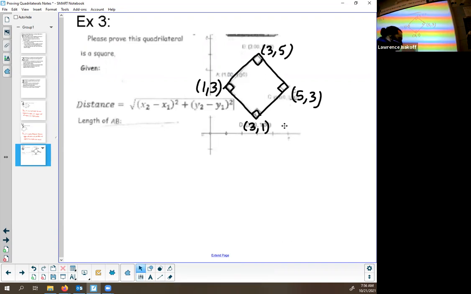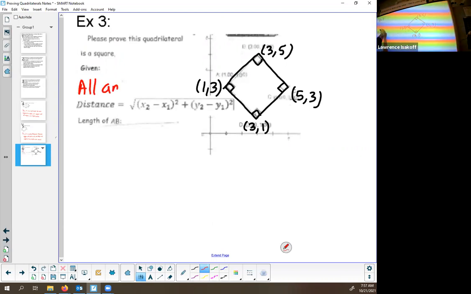So right away, what evidence do I have? What's my given evidence? What do I know right now? Is there anything we know about this shape? It has all right angles. That's my given. So that's information I already know. Let's write that down.